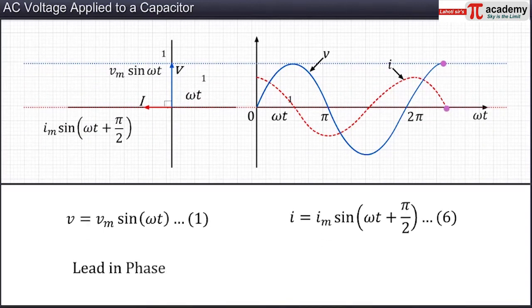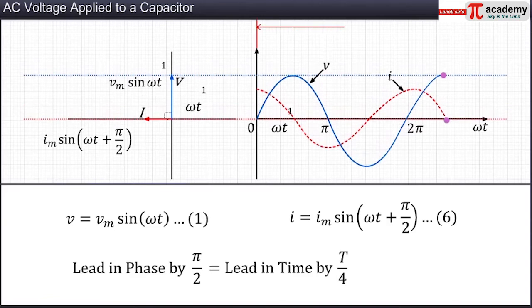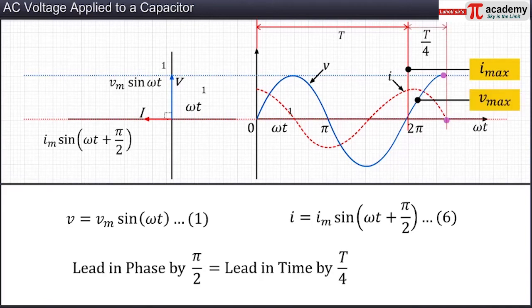This lead in phase by pi by 2 is equivalent to a lead in time by 1/4 of the time period T. Another thing to note is that the maximum value of the current in the circuit is achieved at exactly 1/4 the time period of every cycle before the maximum value of voltage is achieved.